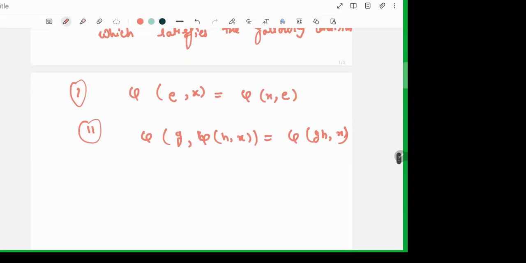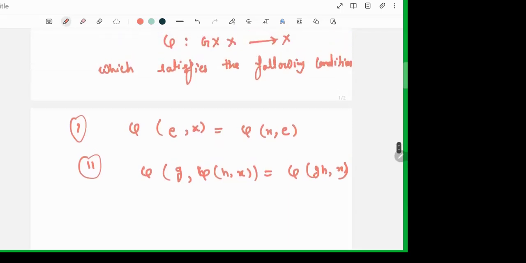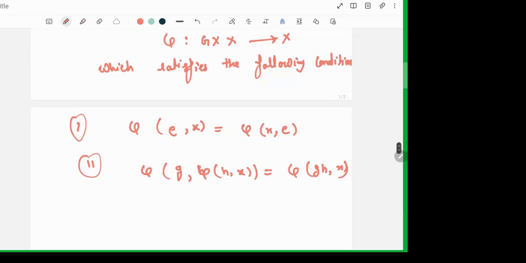Is there anything else? These two are the only things. The identity condition, right? Phi of E comma X is X, where E is the identity of G. That's what I write now.